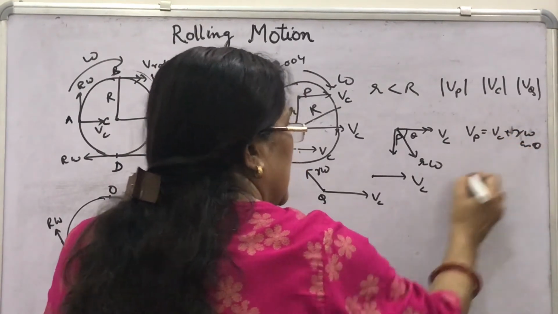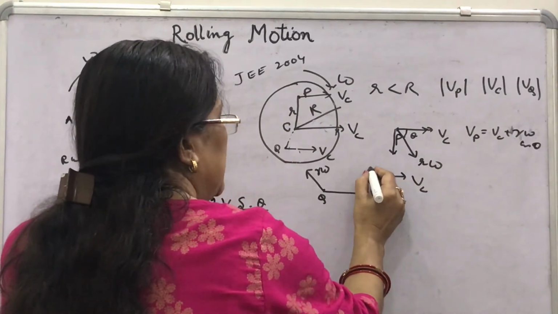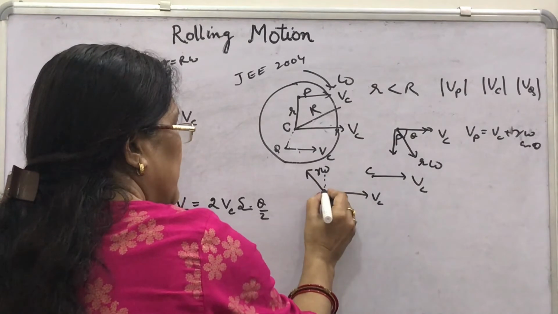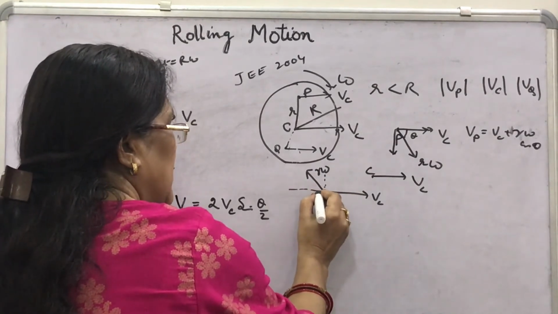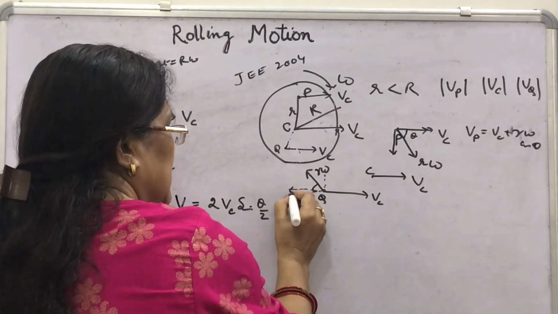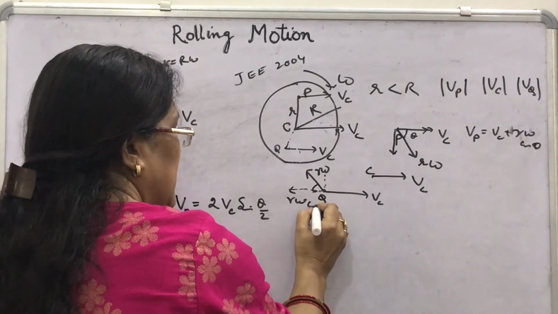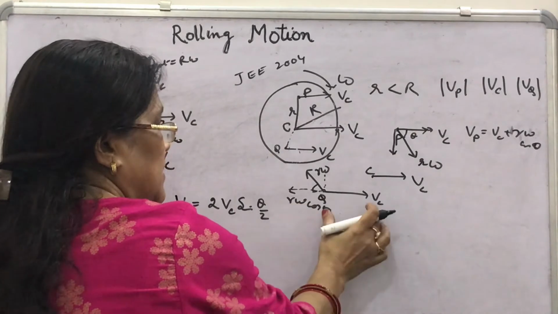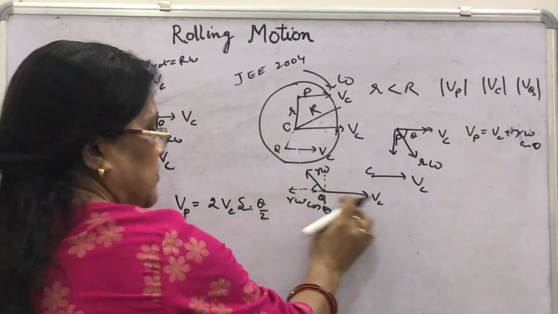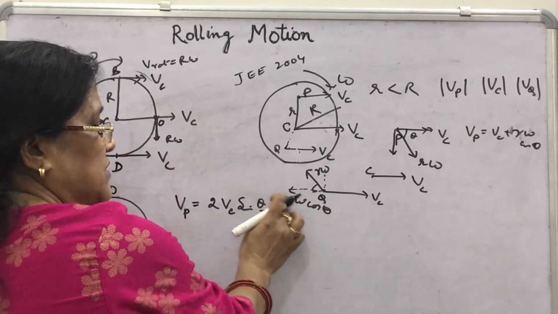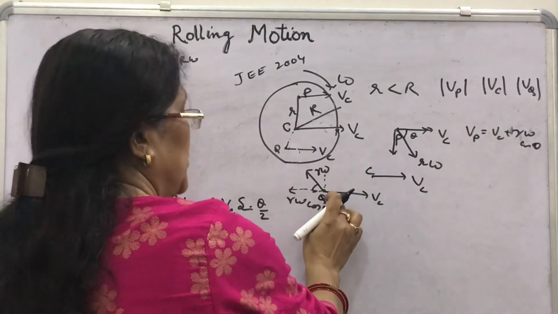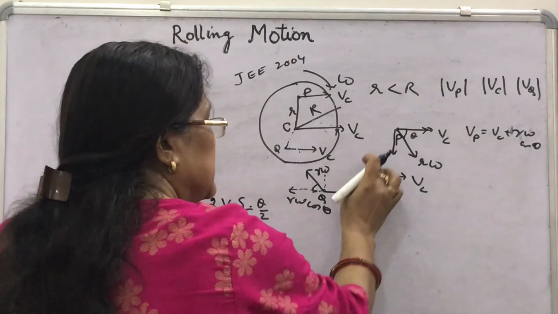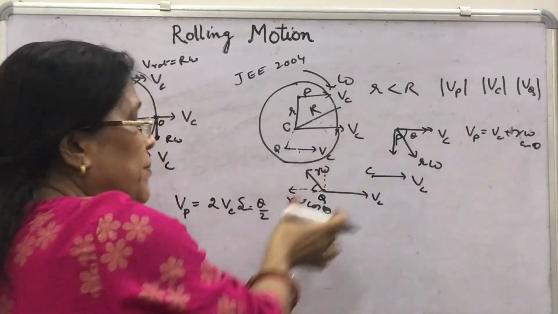At point C it is only Vc, and at point Q this will be the component. If you look here, this will be r omega cos theta, and this will be r omega sin theta. So this difference, because in this direction it is r omega cos theta minus, you will find what the velocity is at points P, C and Q. Compare.